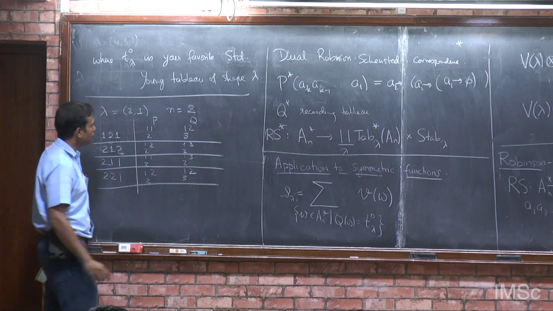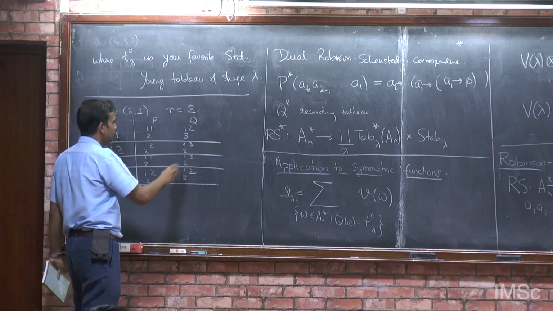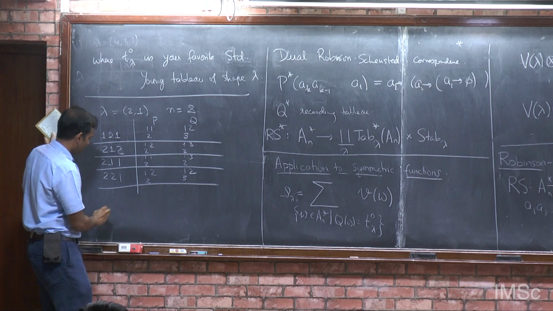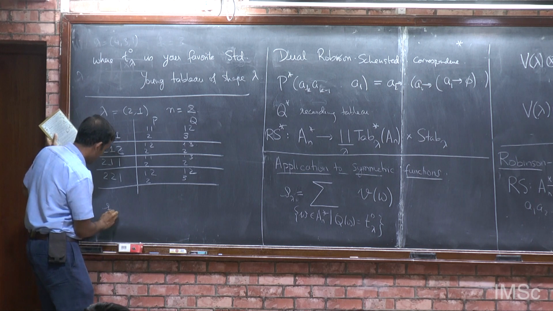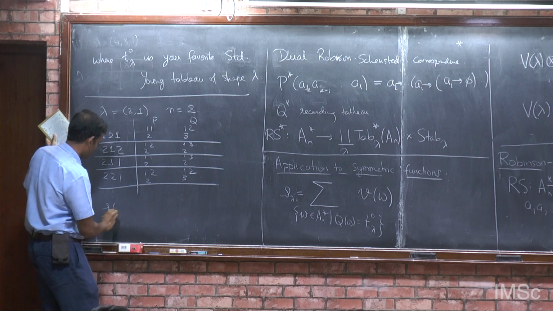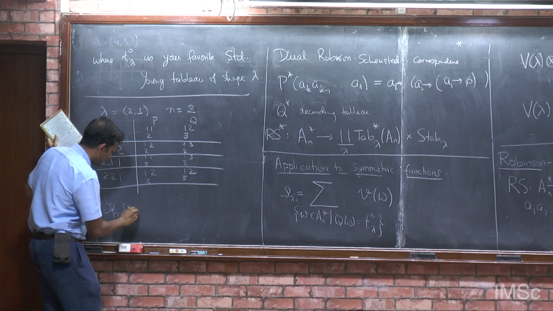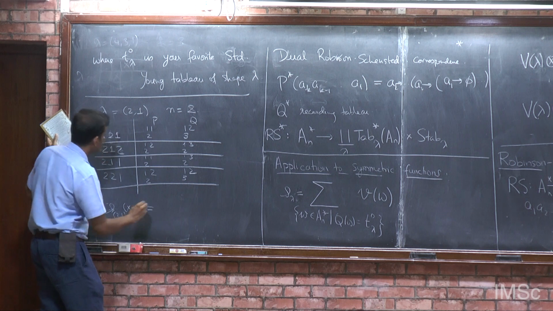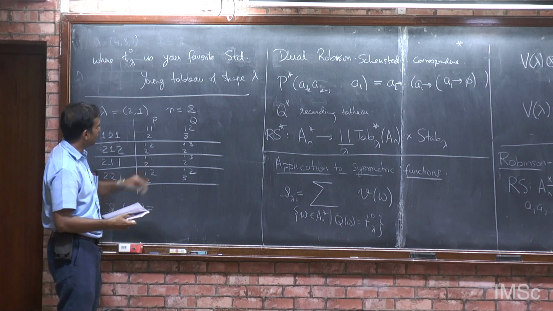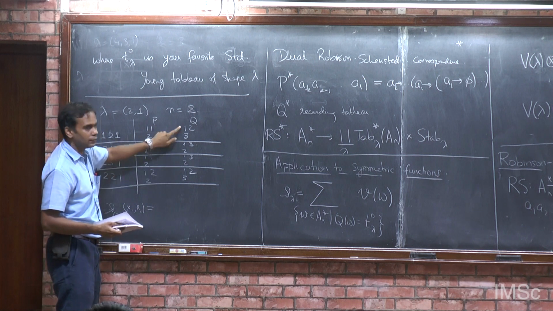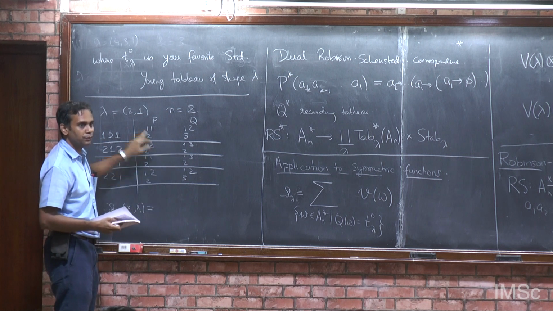Okay, so if your favorite tableau is this one, then you get s_lambda, s_21, of x1 x2 is equal to... So now I must pick the words which have this Q tableau. So that means these two, right?